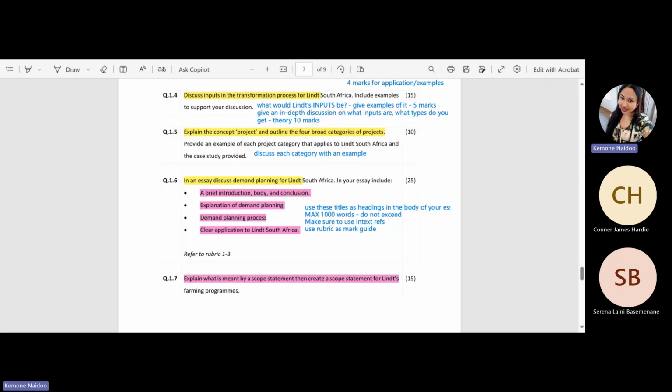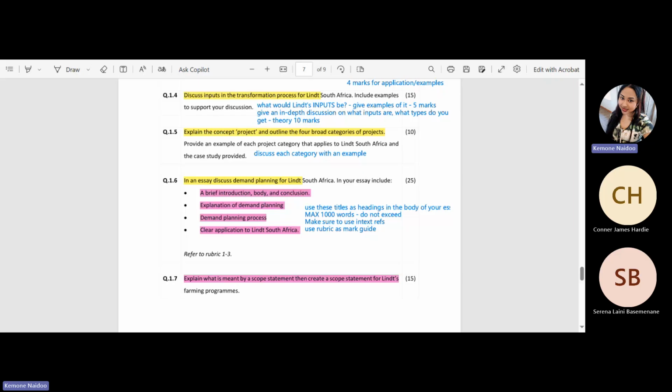It's to discuss all the possible points surrounding your inputs. So any information that you have that shows what an input is, different kinds of your inputs in the transformation process, include that.